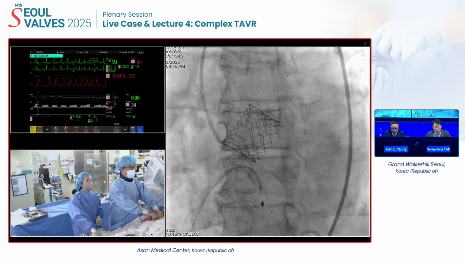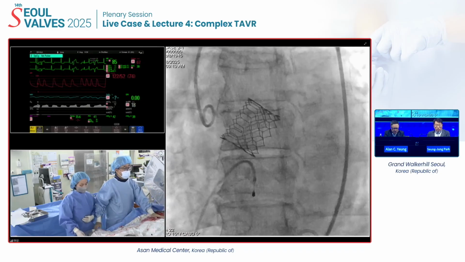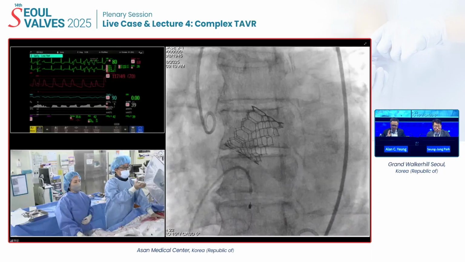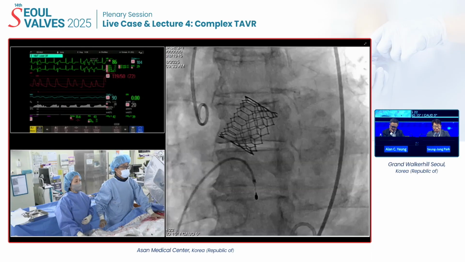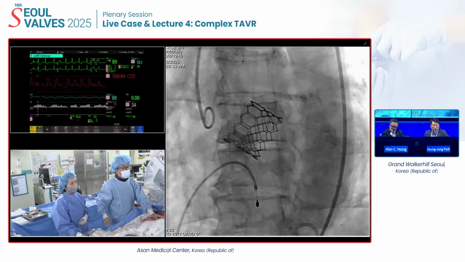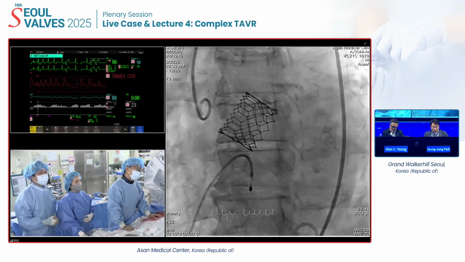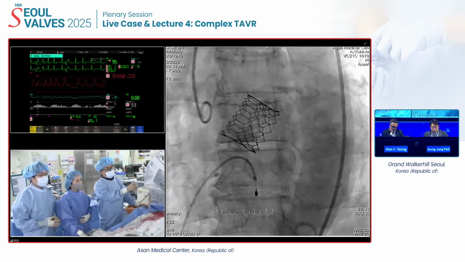Okay, we will check it out. Looking at the frame, the valve frame is expanded well. Okay, push up. Good. I think there is only trivial AR, nearly 0% AR.